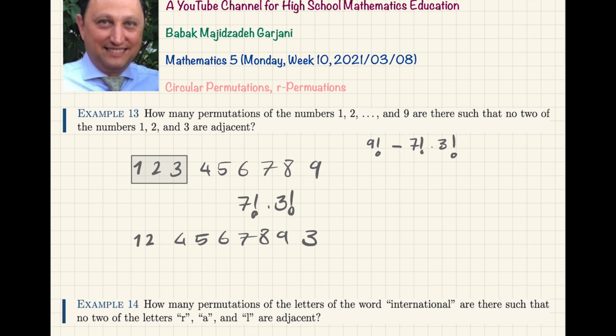One way is, of course, to consider all different scenarios. And this is called the inclusion-exclusion principle. But this is beyond the scope of this lesson. And even if you know about that, using that is a little bit hard.